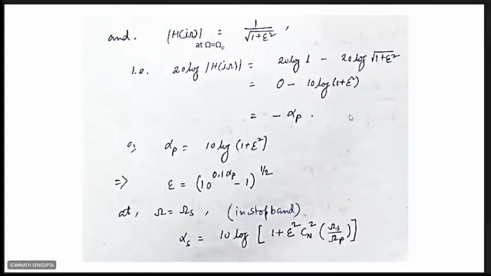So the relation is the same: epsilon is equal to square root of 10 to the power 0.1 alpha p minus 1. Then omega is equal to omega s at the stop band.